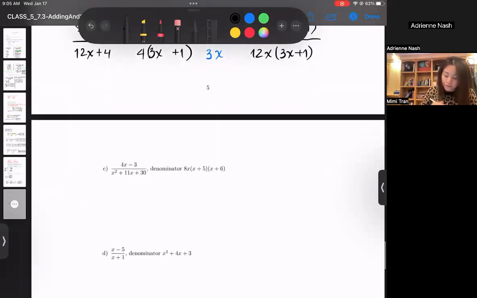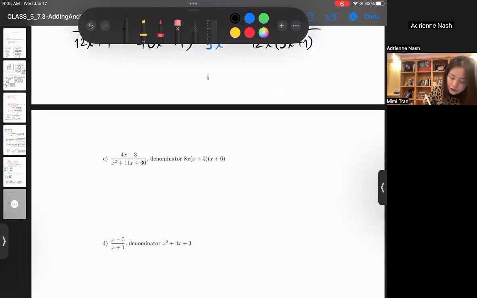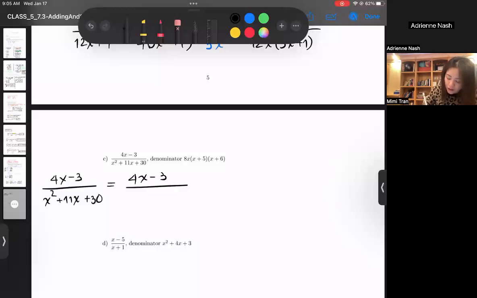We're almost there. All right, so I got 4x minus 3 over x squared plus 11x plus 30. And again, I would recommend you factor it first. 4x minus 3, nothing I can factor out there. But the bottom, I can make it into 30, 6 and 5: x plus 6, x plus 5.